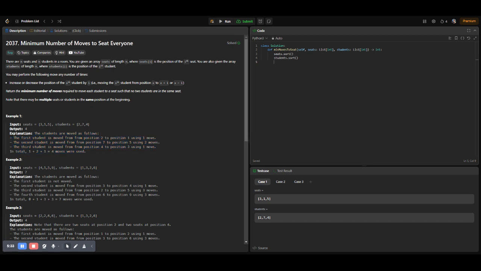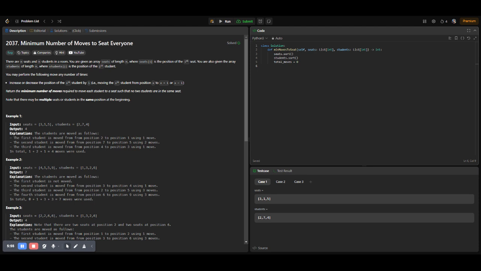So what do we have to count? We have to count the total number of moves. Total moves is zero to start.